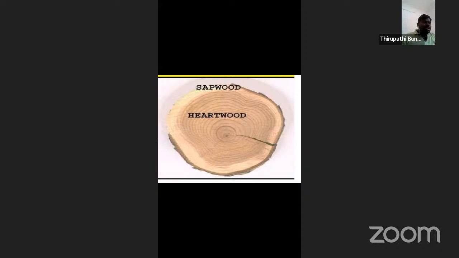Okay, the central dark region, that is the dark place, that is heartwood, is known as duramen. Heartwood or duramen.